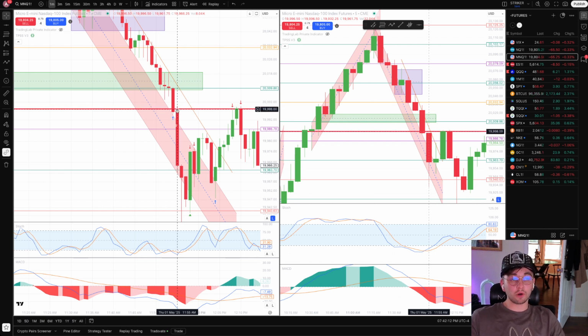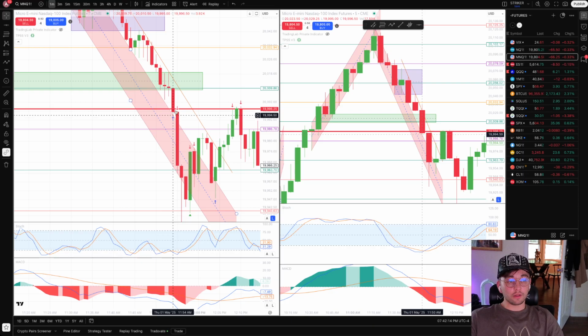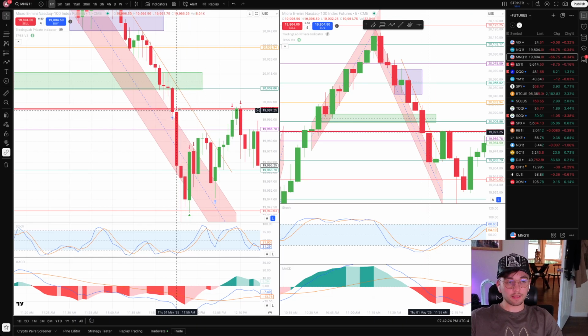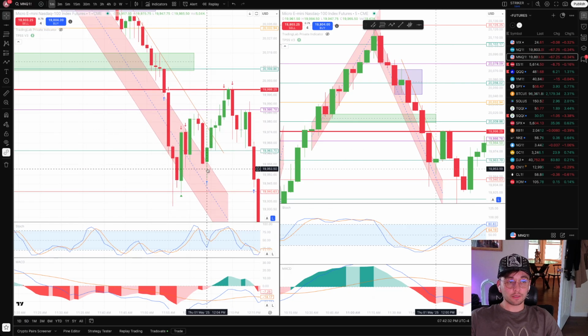So I took a very small loss on this bounce play. It just didn't work out for me. After I saw it breaking 19,998, I think that was a 150 point loss or $150 loss, something like that. And we recovered that right away off of the short here. We recovered that loss really quickly.